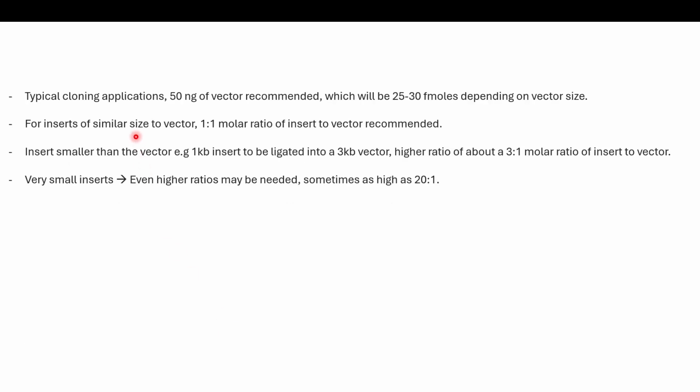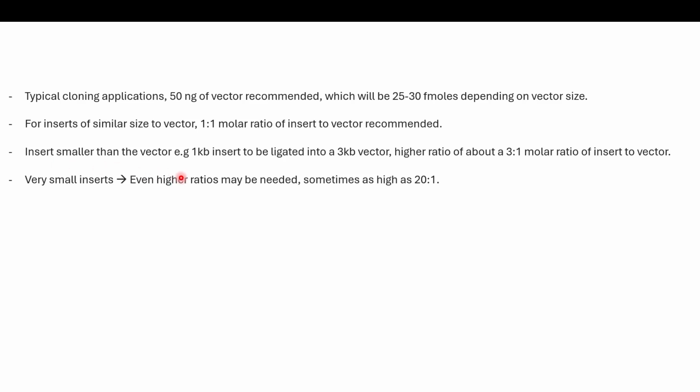In cloning applications, typically 50 nanograms of vector is recommended, out of which 25 to 30 femtomoles is the concentration, depending on the size of the vector. Usually inserts are very small as compared to the vector. Inserts can be maybe 80 bases long, whereas vectors are kilobases long. But for inserts having size comparable to the vector, a 1:1 molar ratio of insert to vector is recommended.